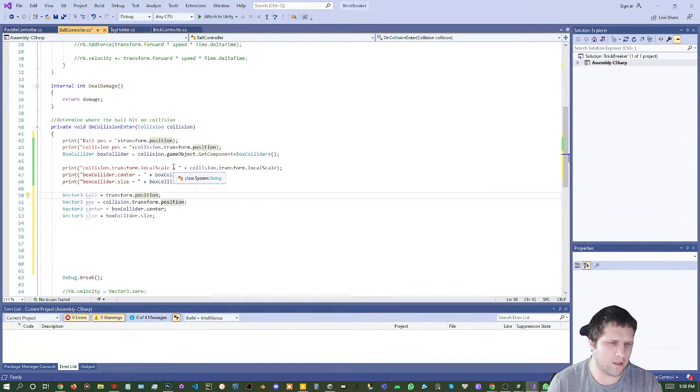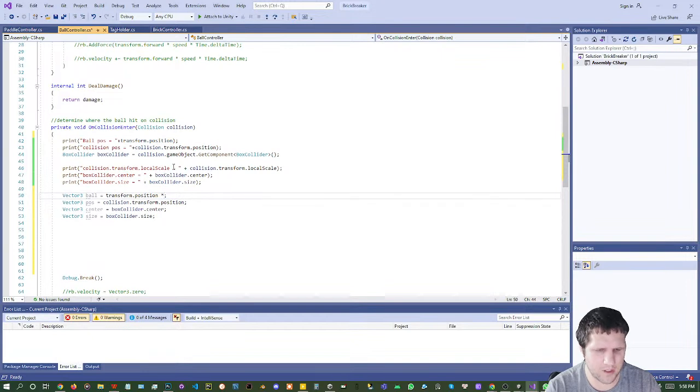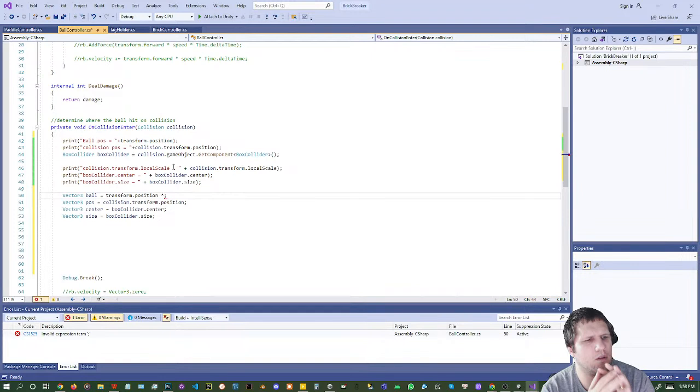Then our ball is going to be the transform dot position times scale? No. Plus scale? No.